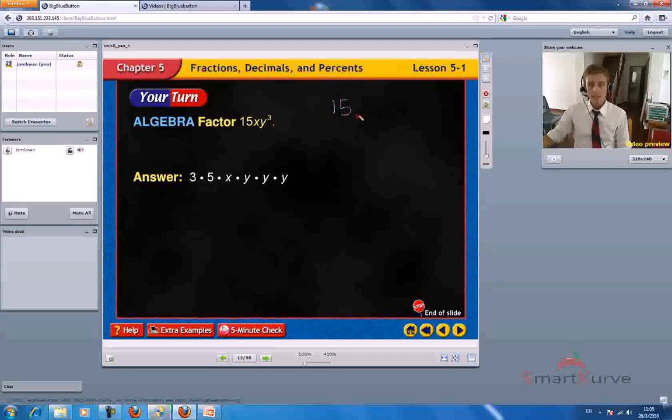Factor 15x y cubed. We do it the same way. 15 times x y cubed. That then gives us 5 times 3 and x y cubed. 5 is prime, 3 is prime, x to the 1 is prime, y to the 3 becomes y, y, y.